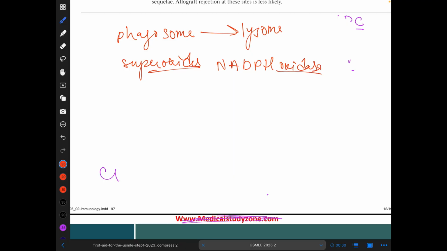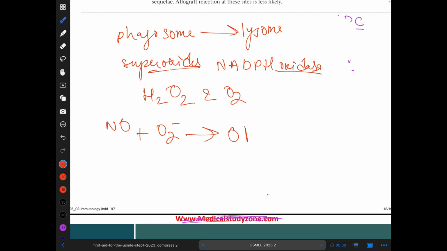If you remember the respiratory burst, they generate hydrogen peroxide and oxygen radicals. Reactive nitrogen intermediates are also used for killing bacteria. For example, nitric oxide combines with superoxide to form peroxynitrite, also a strong compound against bacteria.